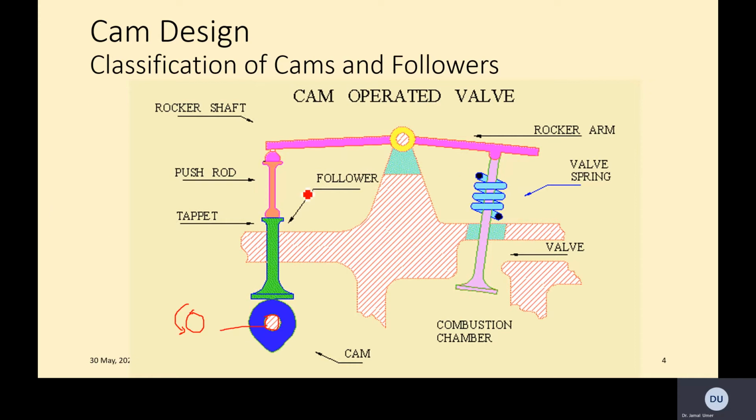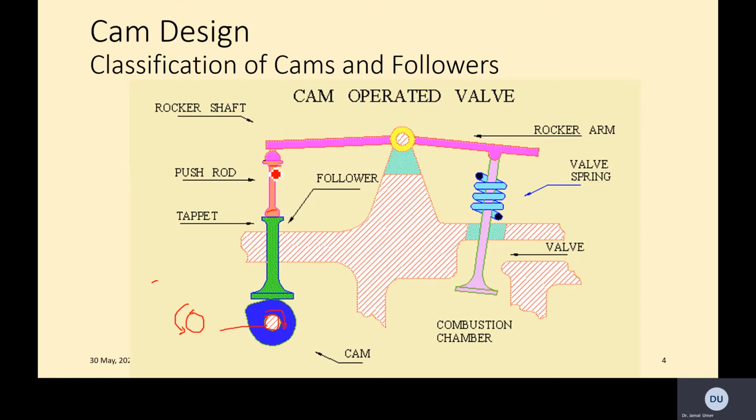So now you see how we are performing this function. The cam has to rotate, so it's rotating this way. Of course the rotation speed will depend on the requirement in the engine. And when it has the highest point, it gets a push on this tappet, which is connected with a push rod.